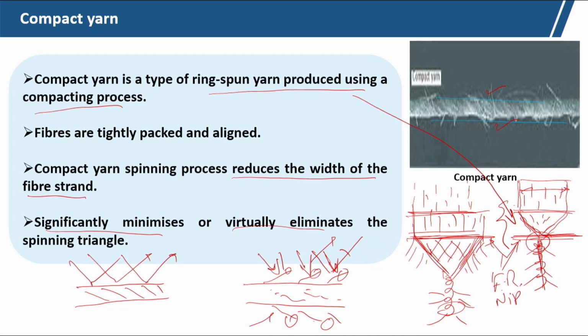So, that means that this yarn will be much more lustrous than the ring spun yarn, equivalent ring spun yarn. So, it will improve the characteristics of yarn, which is used mainly for apparel textiles. It is hardly used in the case of protective textiles, but one can always use.